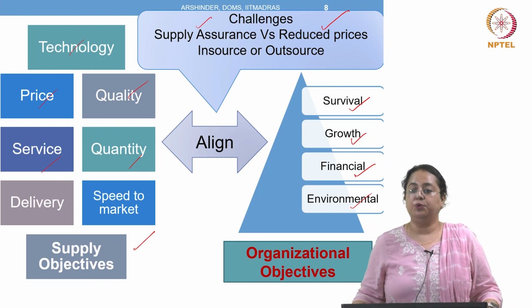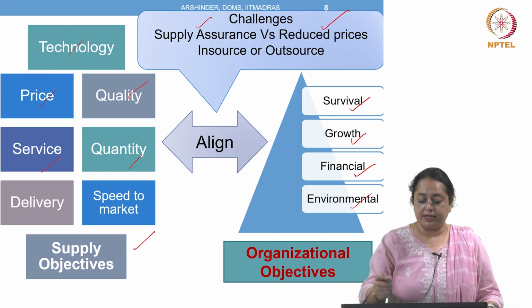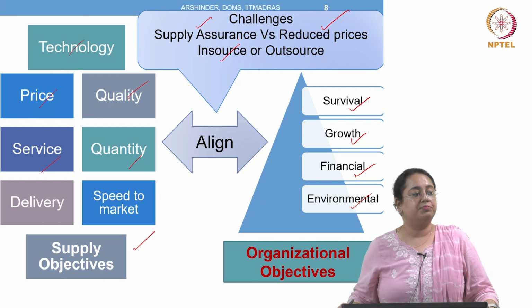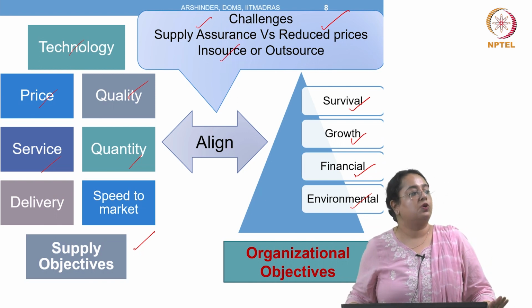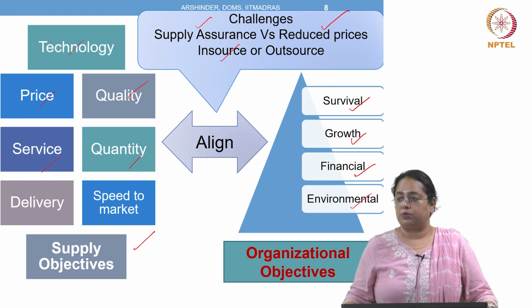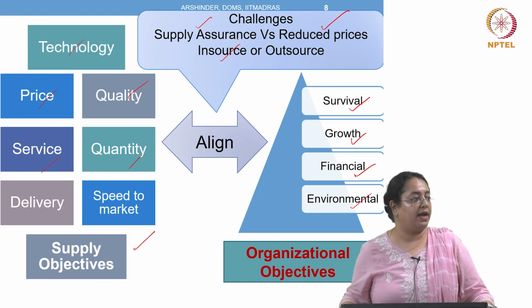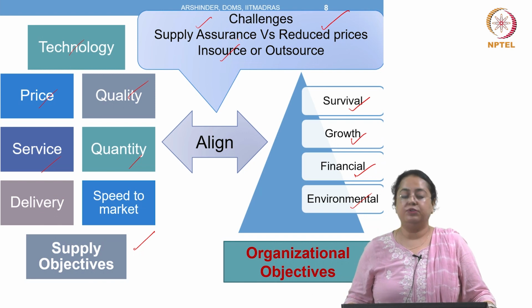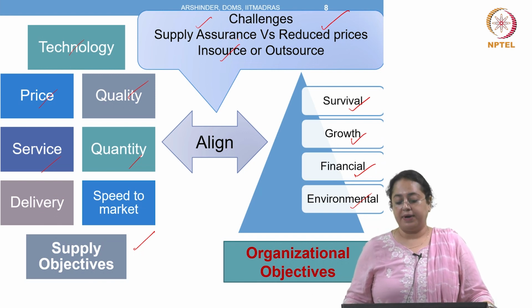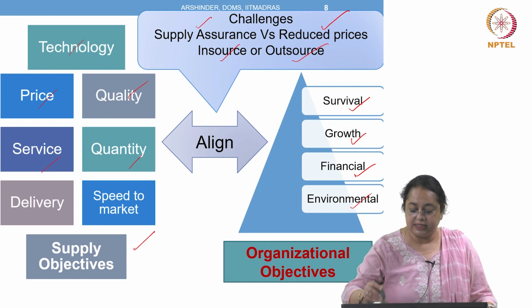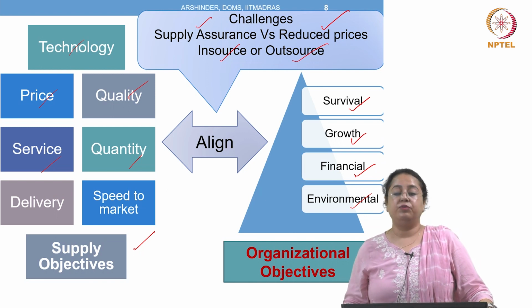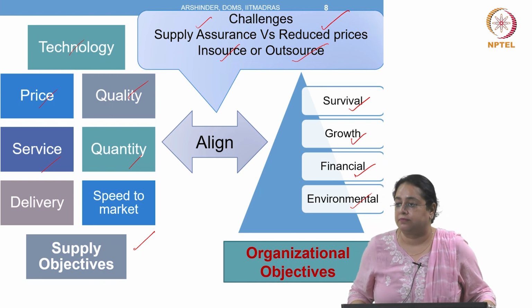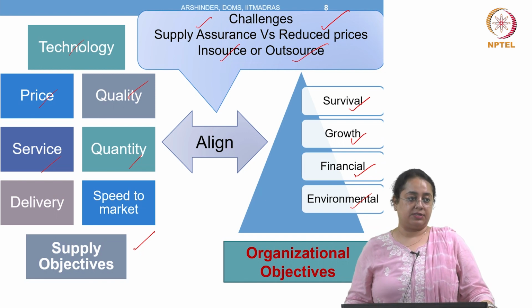Then what would you do, right? There can be challenges. Supply management would say that it is cost effective to insource, don't outsource, right? We have good capability, we should insource, right? But business strategy says no, we would outsource, we don't want to invest within the organization, right?